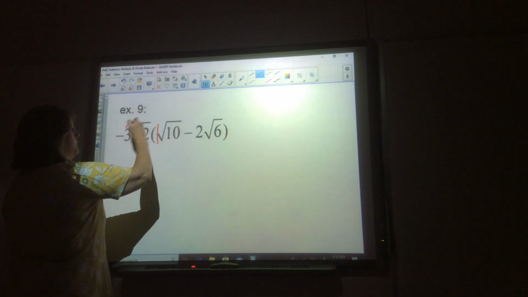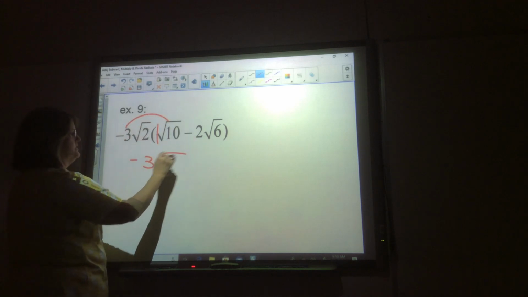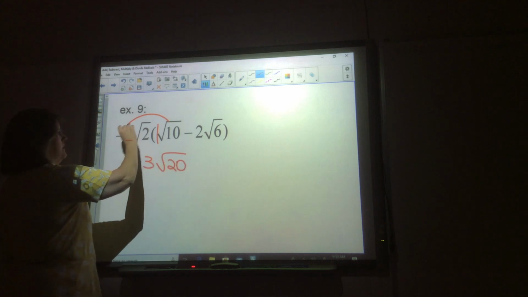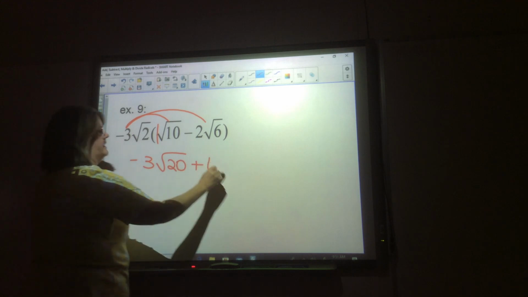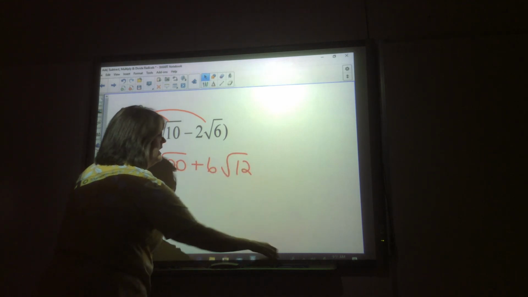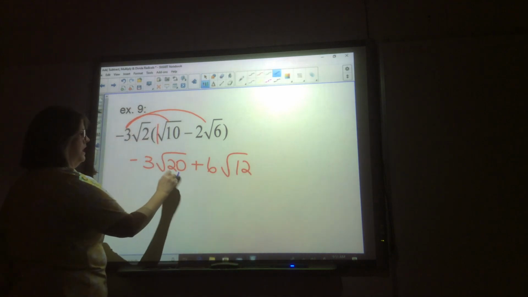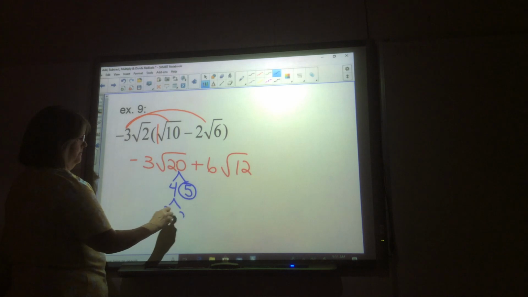Again, 3 times 1, -3. 2 times 10 is 20. -3 times -2, positive 6. And 6 times 2 is 12. Now what I have to do is see if these are like, so I begin with the factoring tree again.